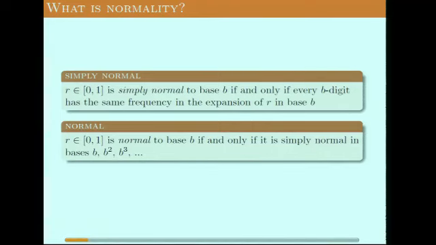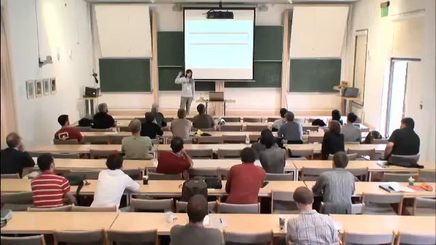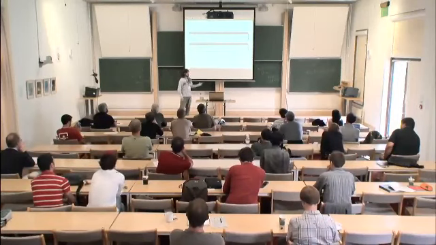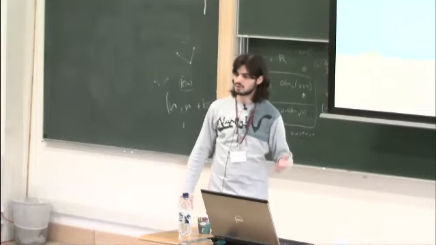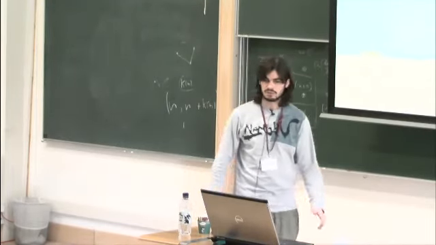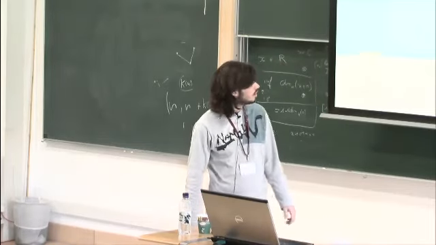Throughout the presentation we work with base b, and all of this is true for every b. But we are talking about normality in just one base, so this is not absolute normality, because in some texts you can refer to absolutely normal numbers as normal.